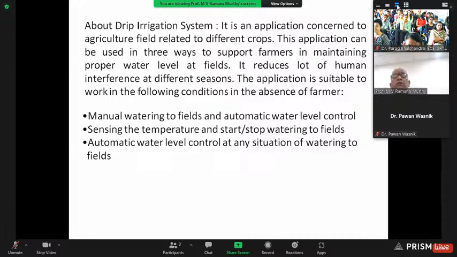It also takes care of water level monitoring and sensing the temperature of the water, because in certain geographical areas the temperature is cold and in certain fields hot. So to take care of that, there is automatic water level control in the water flow system.